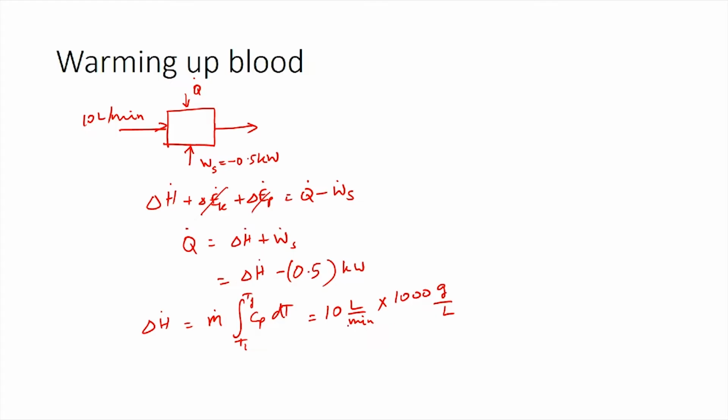This would give us grams per minute, and if we need to convert this to grams per second, we would multiply this by 1 minute contains 60 seconds, and then this is the m dot value, times the integral of Cp, which has been given as 4.185 dT, with temperature going from 30 degrees Celsius to 37 degrees Celsius. This value can be calculated as 4.882 kilowatts. So, delta H dot is equal to 4.882 kilowatts.